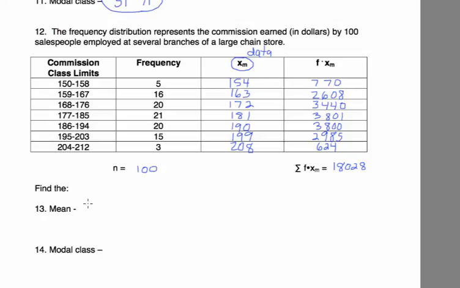Now, go to your green sheet. Find the mean of grouped distribution. The sum of the frequency times the midpoints.